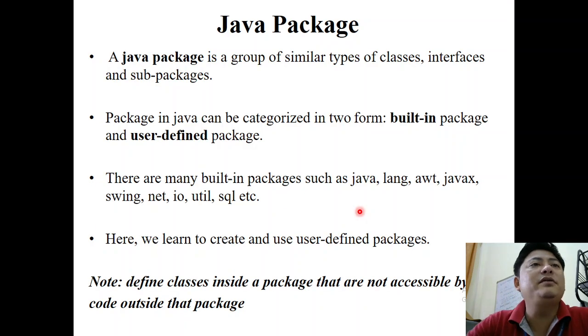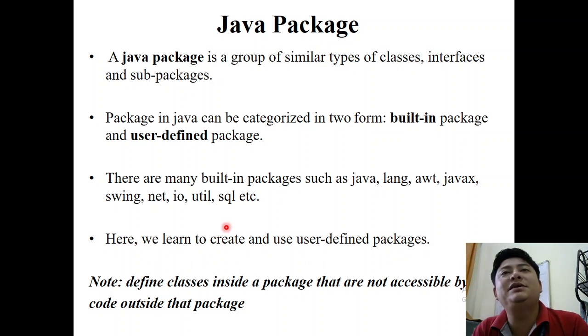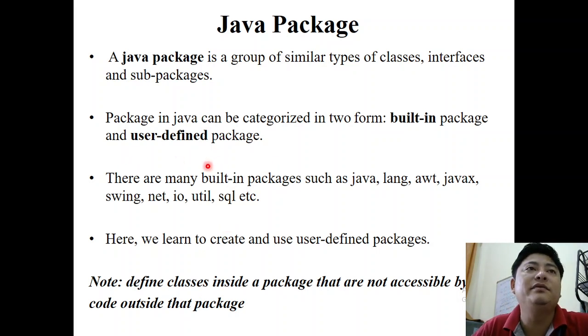Okay, so we'll move forward. There may be many built-in packages such as java.lang, awt, javax.swing for writing Swing programs, net for writing code related to client and server architecture, IO for performing input and output operations of file handling, util meaning utility, and so on, etc. In this chapter we will basically work on the user-defined package rather than the built-in package, because the built-in package is very simple.